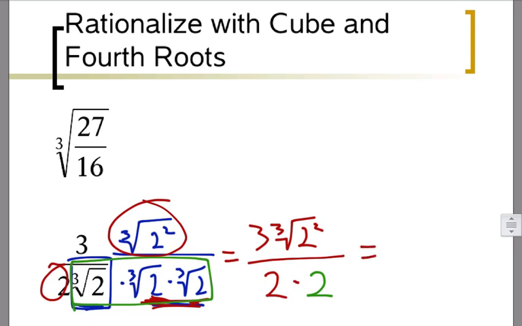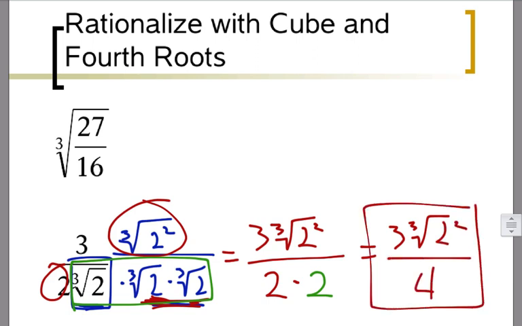So the final answer here would be 3 cube root of 2 squared. It's actually the same answer as the last problem, over 4. Okay. So that's just kind of the second part worked out again. The first one had a little bit more simplifying to do originally.